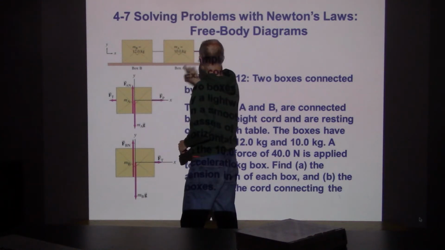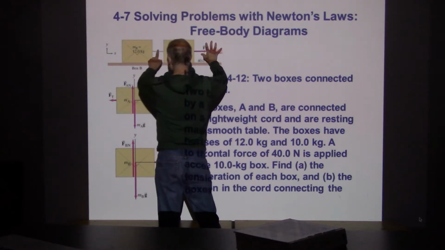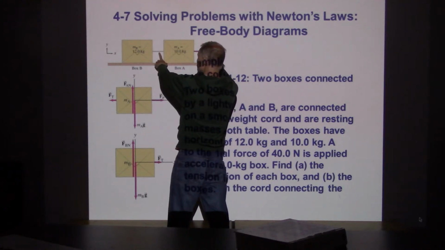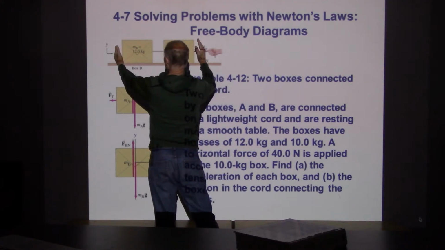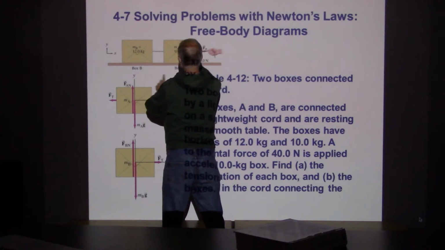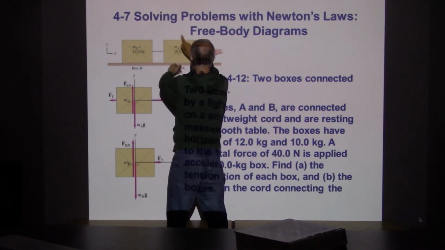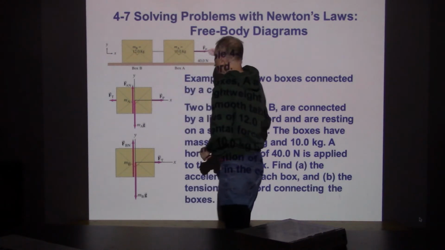There is a force of being pulled forward and there's a force of being pulled backwards, and that's coming from the tension in the string. So notice we have isolated this object. We could have treated them as one, but right now we've isolated that and drawn this diagram. So normal force, gravity, force of the pull, and then the tension.